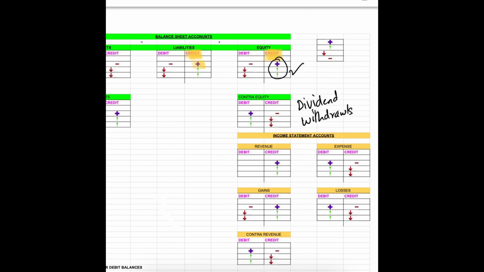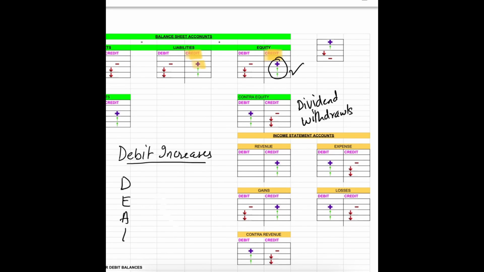Now, before ending this video, I want to give you mnemonics for remembering the debit and credit balances. So I'll give you two mnemonics. The first one will be for debit increases. Which accounts will have a debit increase? Means for which accounts the increases will be entered on the debit side.